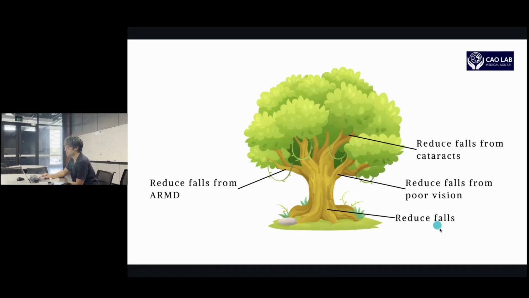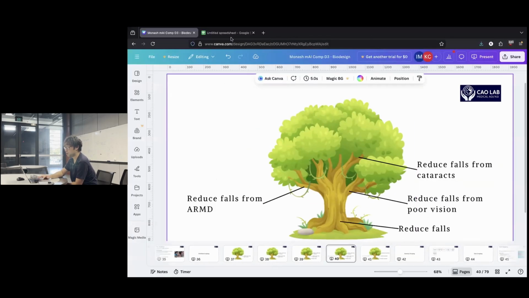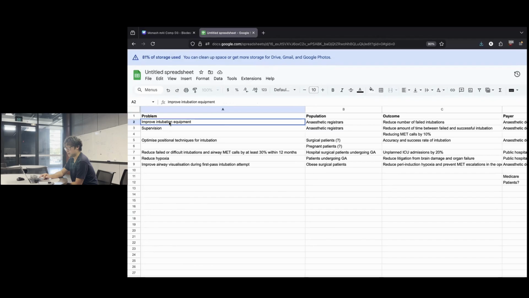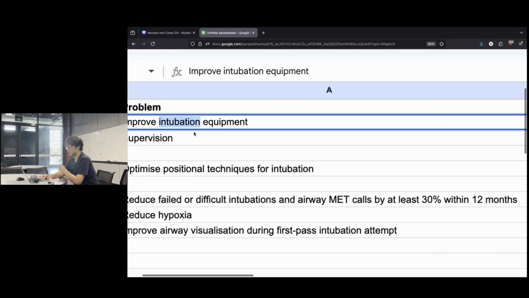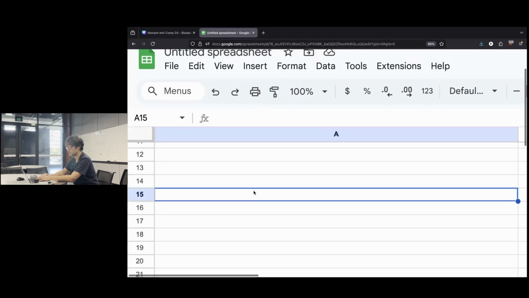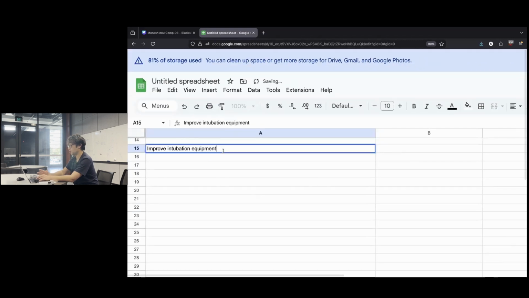So you see how you can actually select the scope of problem that you're tackling. For example, if we go back to this list here, say we have improved intubation equipment. A broader version would be to improve anesthetic equipment. You see how it's a superset of what we were describing there. A more specific version would be to improve a specific intubation equipment.